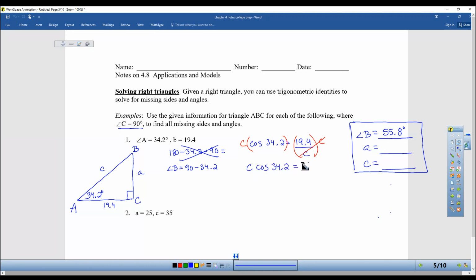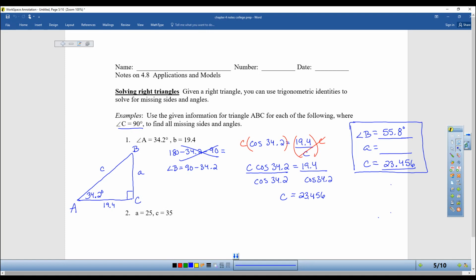Don't get them confused. 19.4, so to get c by itself, I'm going to divide by cosine of 34.2. So you can just do that straight up in your calculator, and you'll find that c is equal to 23.456.